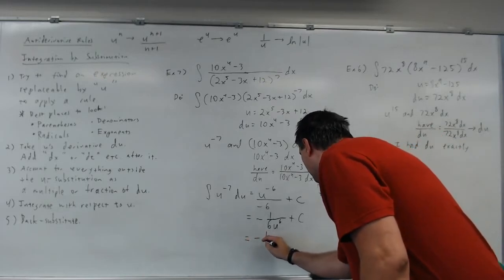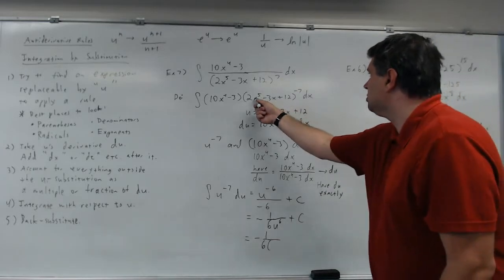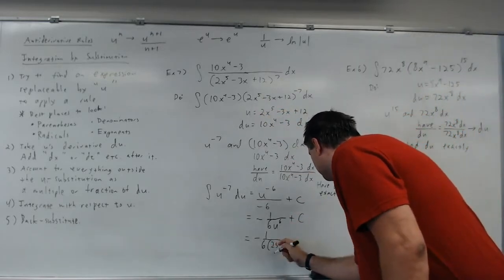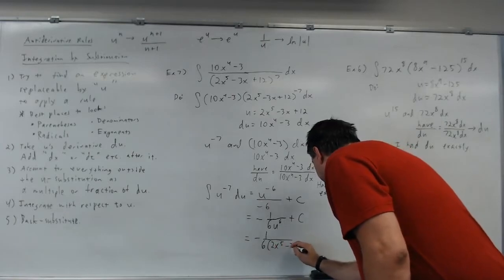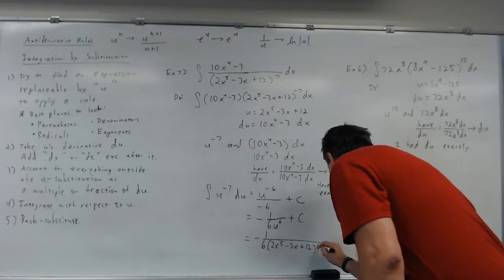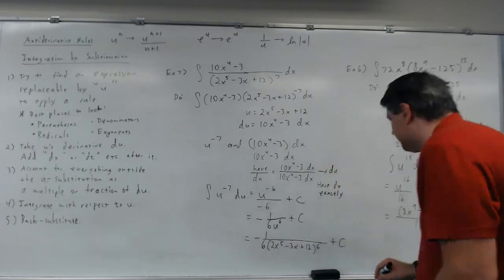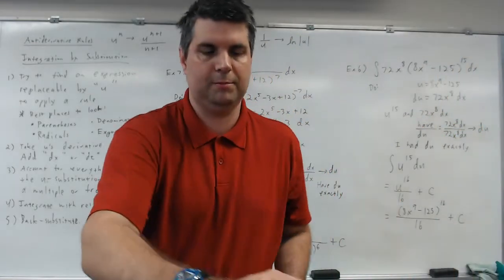Giving me negative 1/6, and then u was 2x to the 5th minus 3x plus 12. This is going to be the 6th power, and then plus c. I'm going to pause here and set up another example.